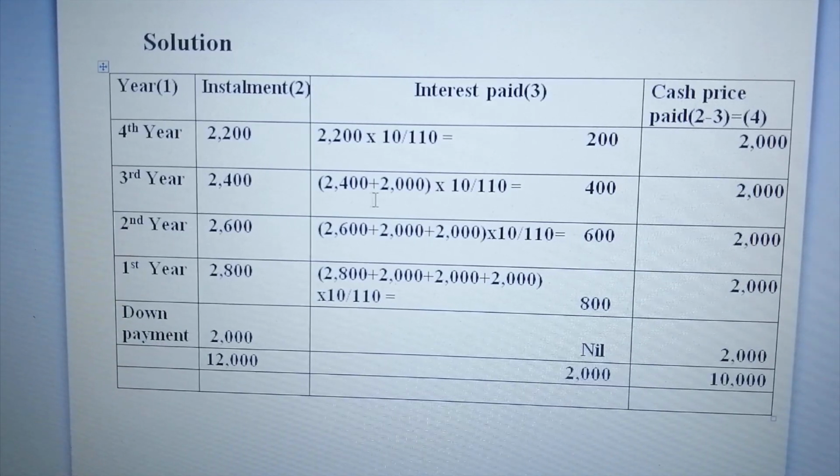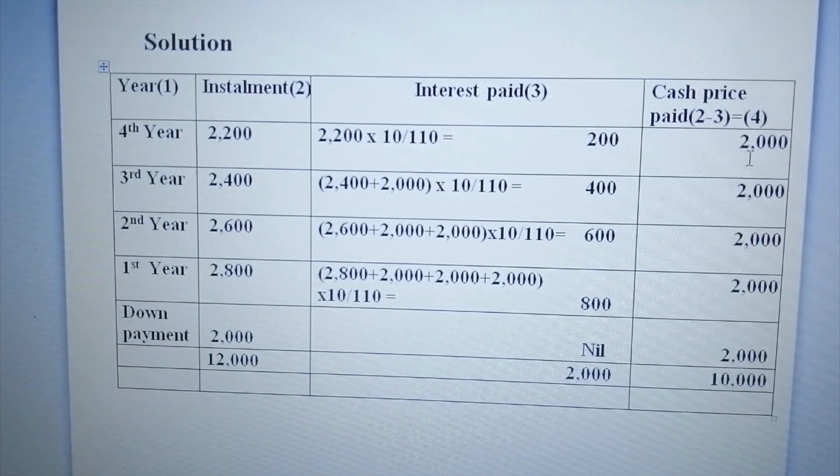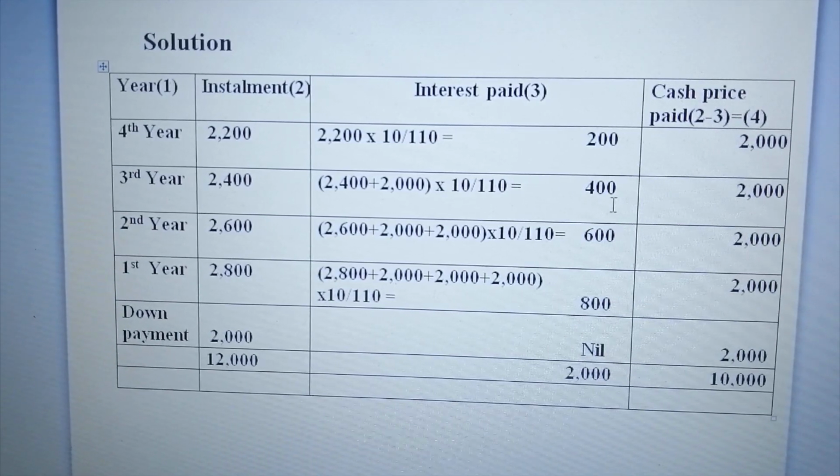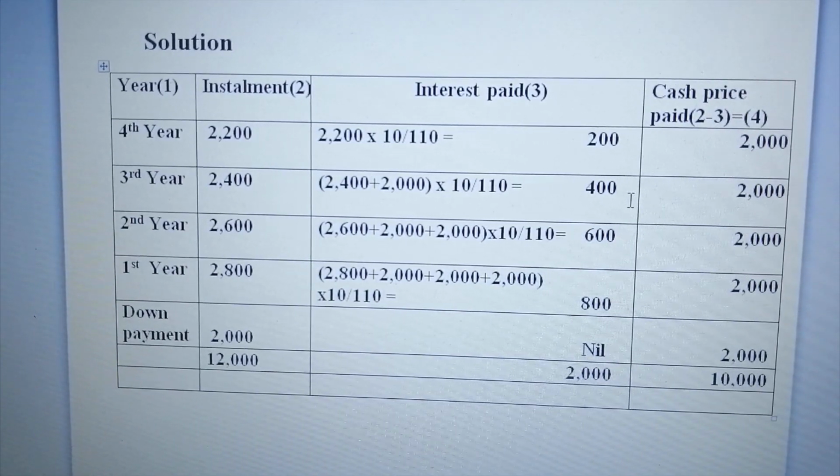That's why here we have taken the fourth year cash price, that is this 2000 rupees, along with the third year installment amount. In such a case, we have calculated the interest and the interest amount is 400 rupees. Therefore, cash price equals installment amount, that is 2400 minus 400, 2000 rupees.